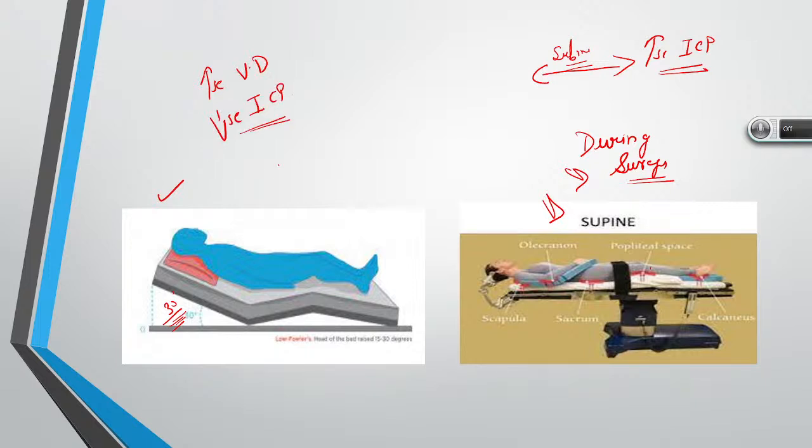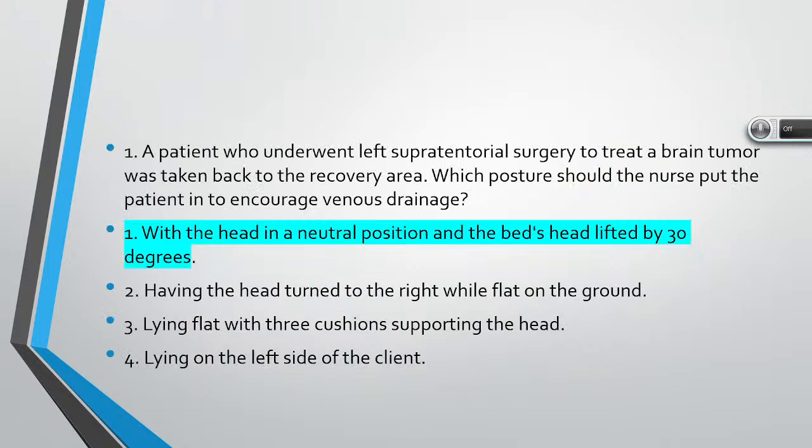The position of the client's head should be midline or neutral, and to prevent displacement of the cerebral contents by gravity, a patient who underwent supratentorial surgery should be positioned on the side that is not being operated. This is the exact reason why we always position the client this way.